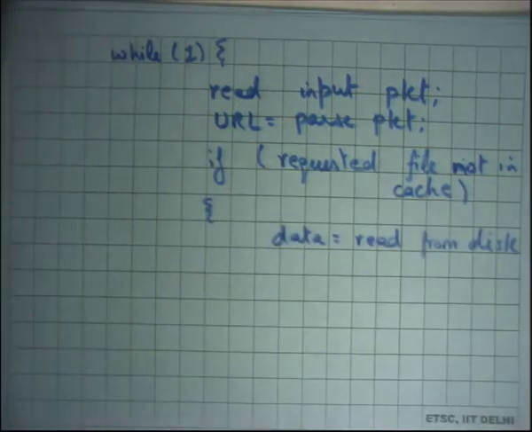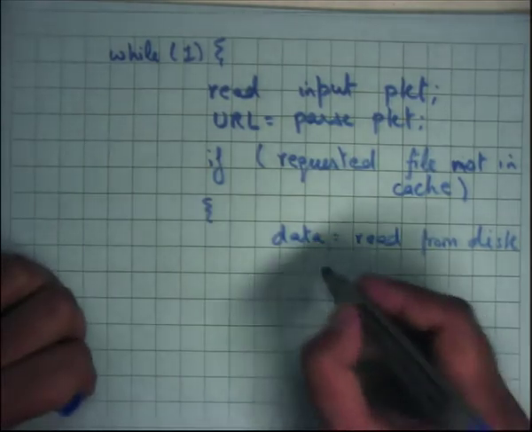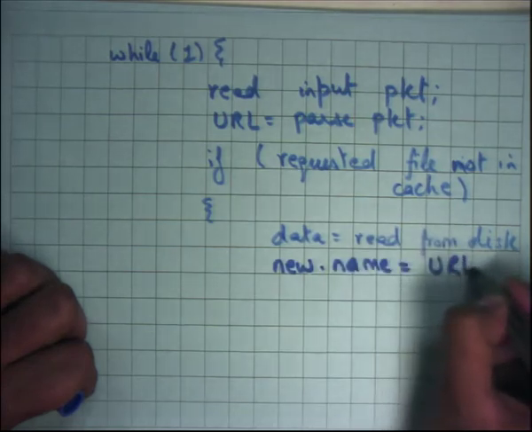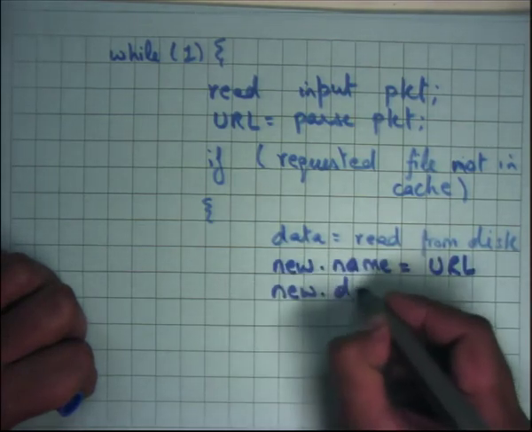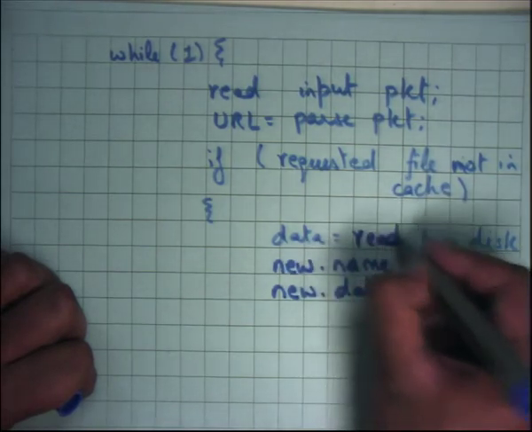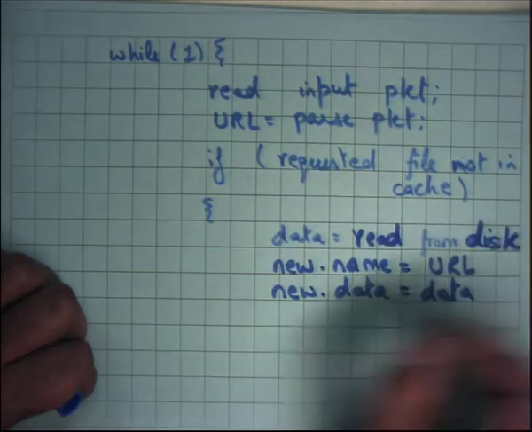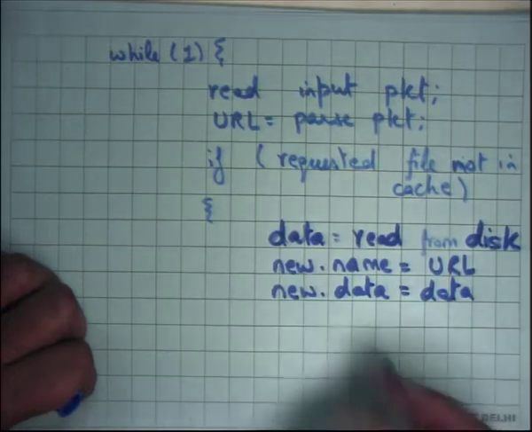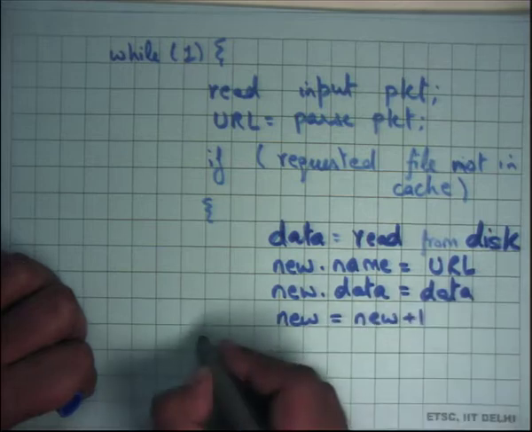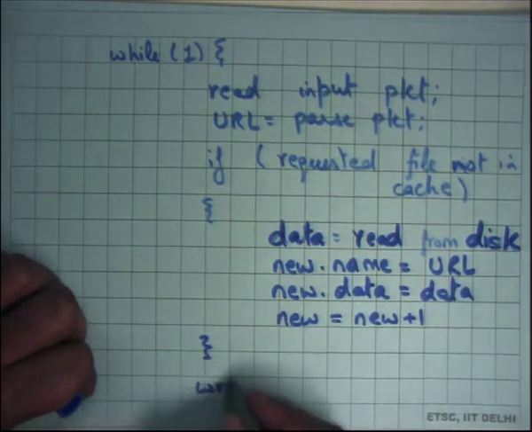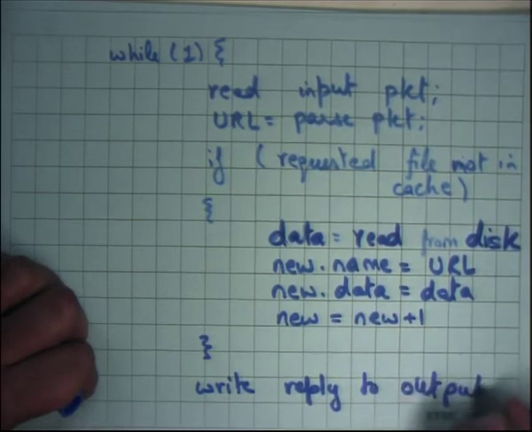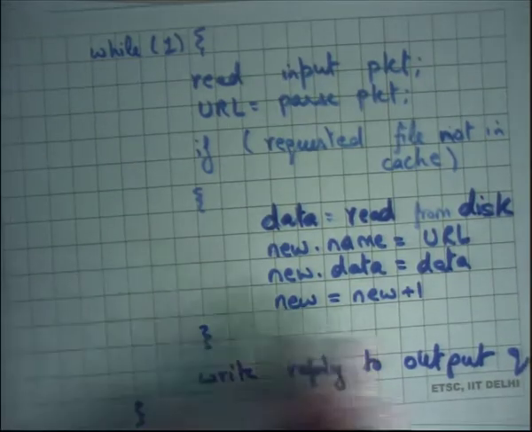use a different pen, new dot name is equal to URL, new dot data is equal to data, right, and let's say I have some counter which says new is equal to new plus 1, all right, and then I just say write reply to output queue, right.